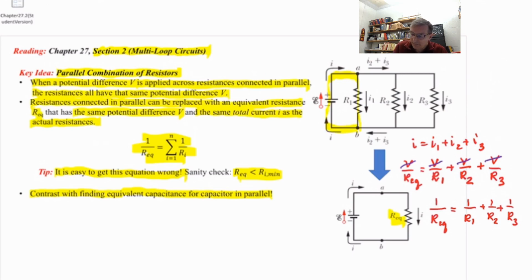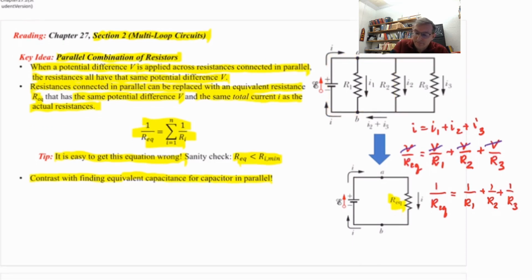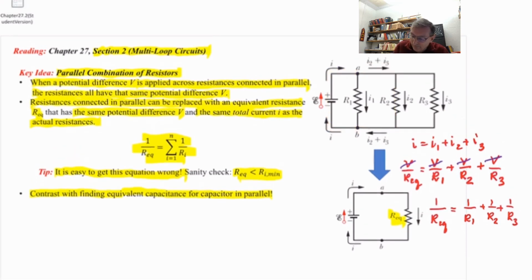Now let me do another one. That's another one. Okay, I'll do another one. That's another one. I'll do another one. That's another one.